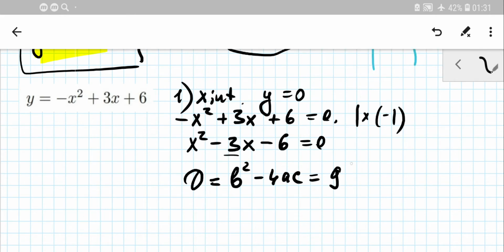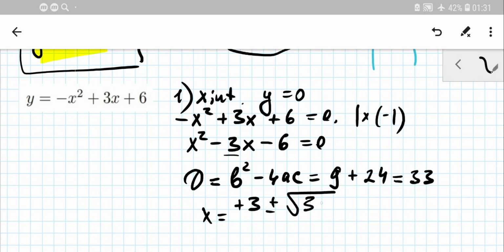B squared, and minus, so plus 4 times 6, which is 24. And you see your number is not so nice, because on the final step you need to evaluate a square root. So you take negative b, which is plus 3, then plus or minus the square root of the discriminant, all over 2a, which is over 2.